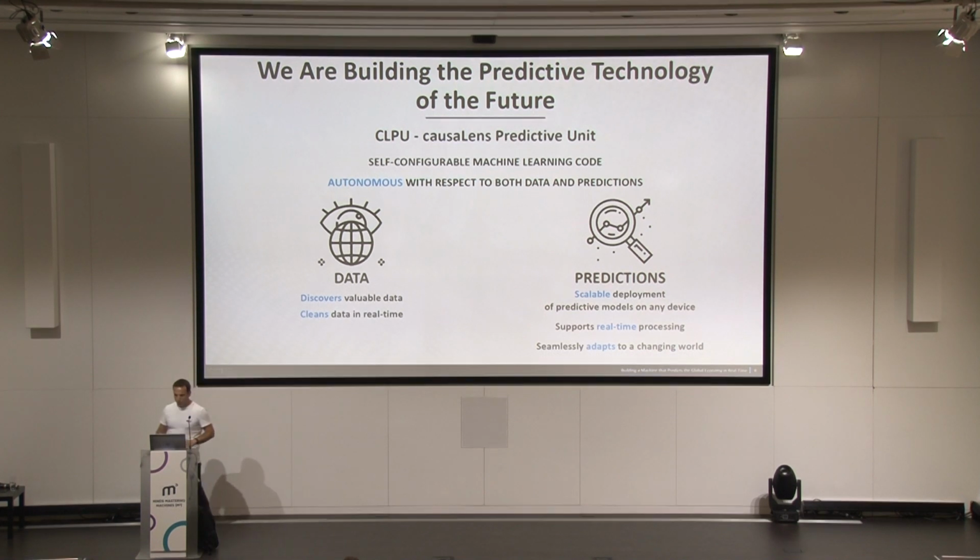It's very hard to get technology running on small devices. The support for real-time processing is actually more challenging than most people think, in the sense of building predictive models on the fly, because the engineering is really hard.